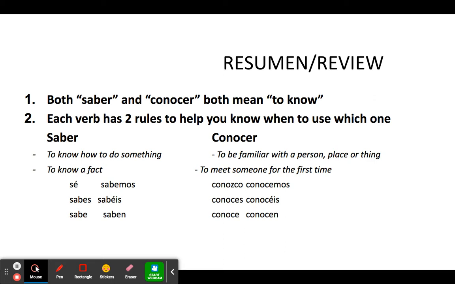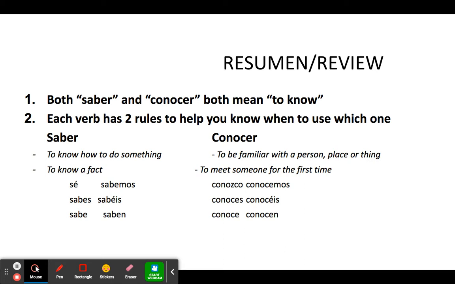For example, saber, you use it to know how to do something, to know a fact. The conjugations are sé, sabes, sabe, sabemos, sabéis, saben. You can say, I know math: Yo sé matemáticas. You can also say, ella sabe español.